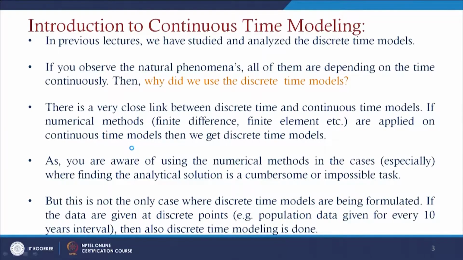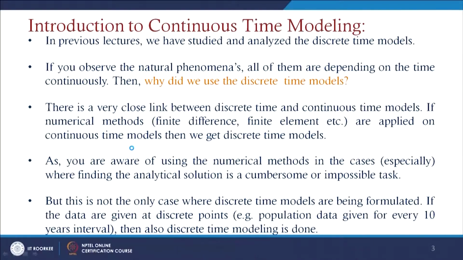There is a very close link between discrete time and continuous time models, since sometimes the points are placed in finite difference form, that is, equispaced points. So, it is useful to use these discrete time levels to join them in a continuous form. That is why we say there is a very close link between discrete time and continuous time models.